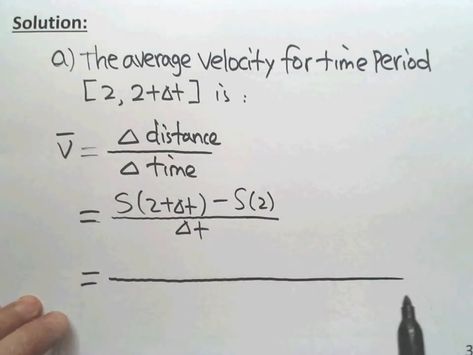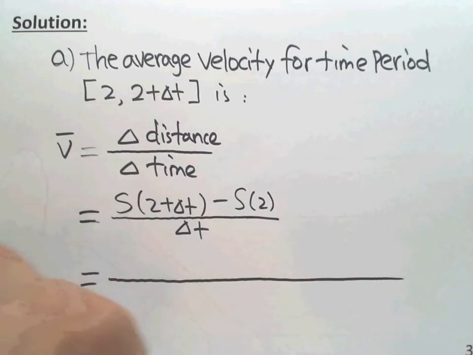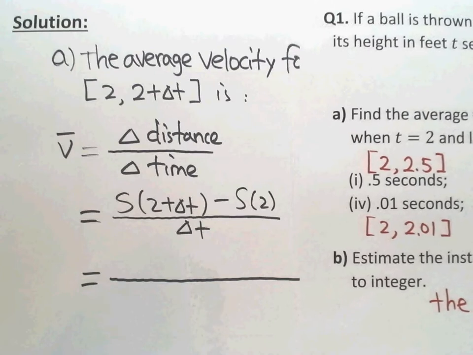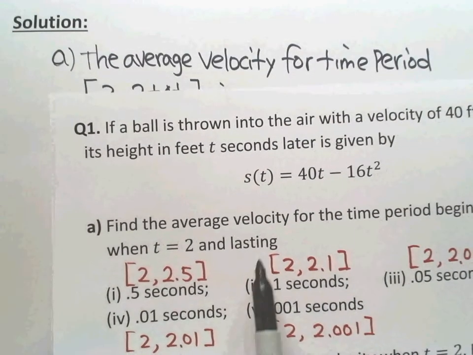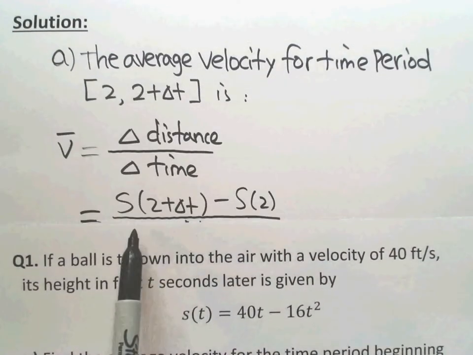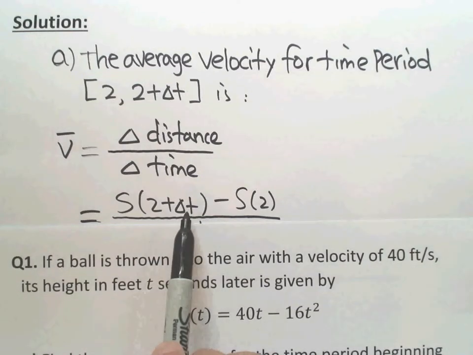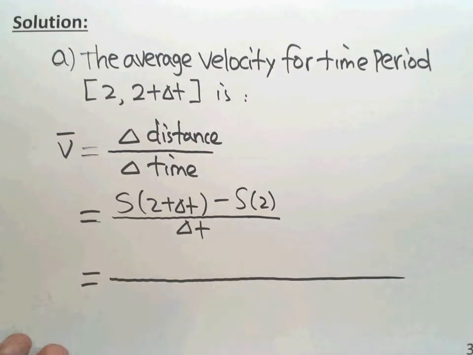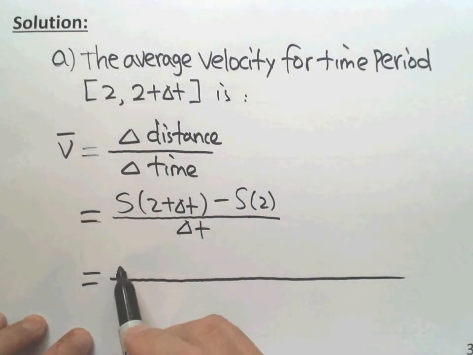Okay, now move on. I'm going to put the function. I will write a little bit long calculation this time. So what is s? Let me find the function here. Okay, so can you see? s is here. We're going to evaluate s at 2 plus delta t, and evaluate s at 2. Just evaluate the function. Okay, so I copy here.